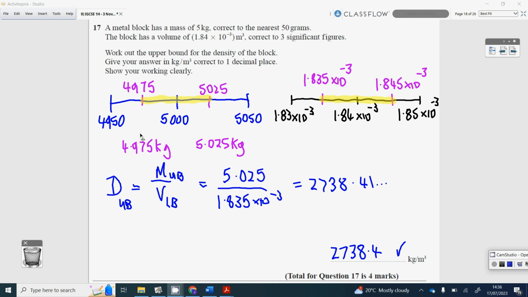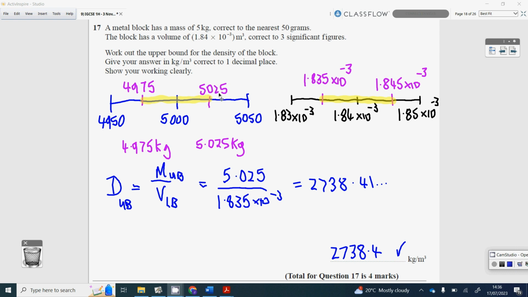And going down, taking away 50, it would be 4950. So they're really my two goalposts. Now, if we then go halfway along between the centre and these goalposts, this set of points in yellow are all the points that are going to round to 5,000, to the 5 kilograms. So halfway along here is 4975, halfway along here is 5025.